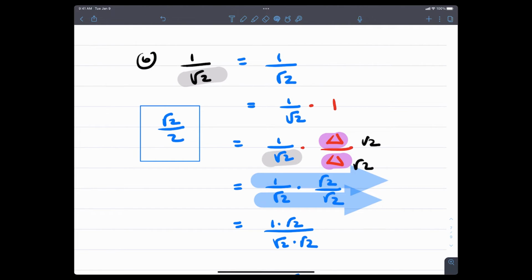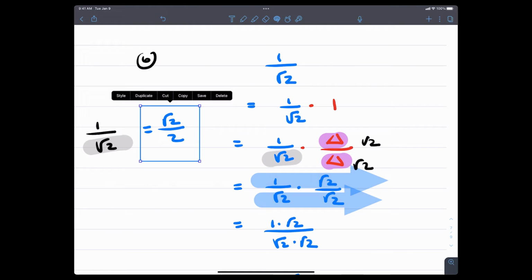So, this here is what you have. There it is. Is the denominator rational?